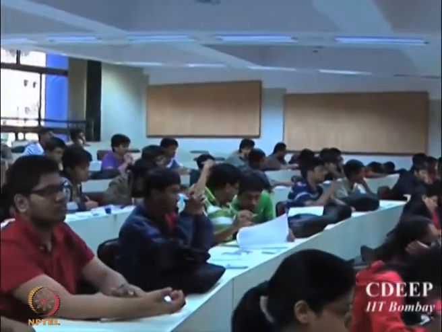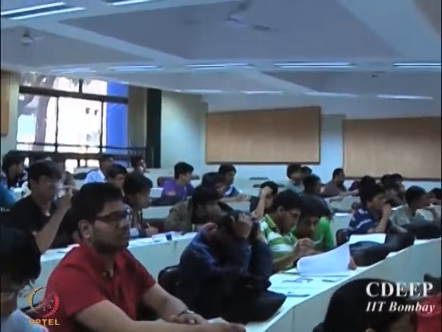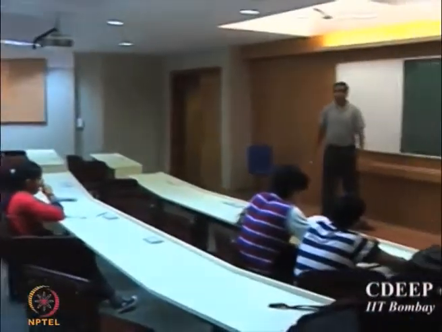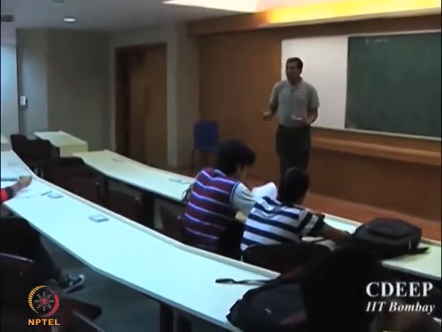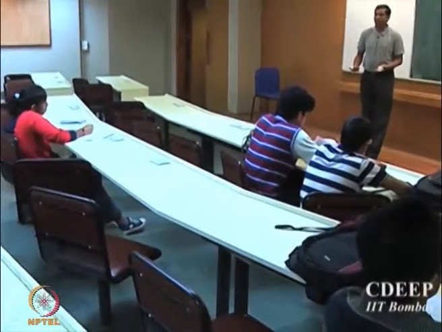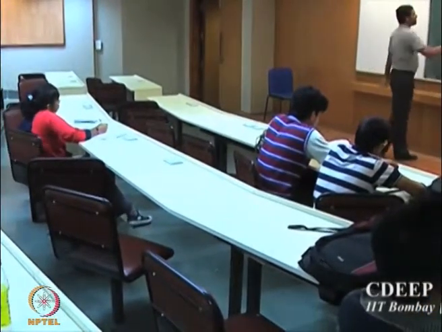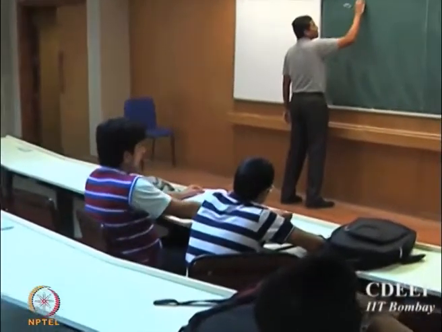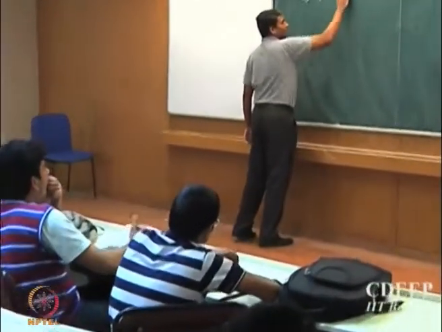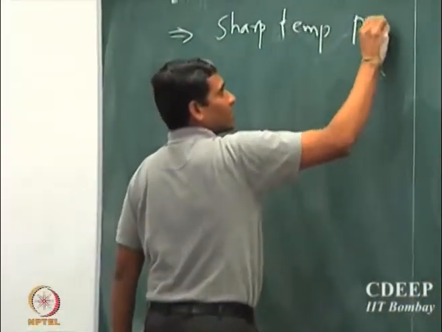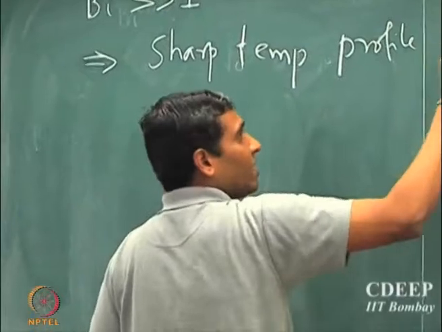Okay, so let's try to sketch the temperature profile. So supposing the Biot number is much larger than 1, which means that the resistance for conduction is going to be much larger than the resistance for convection, which means that there will be a sharp temperature profile in the solid.